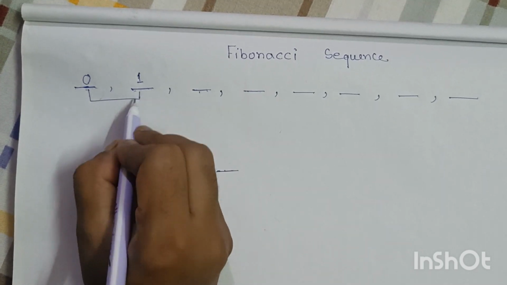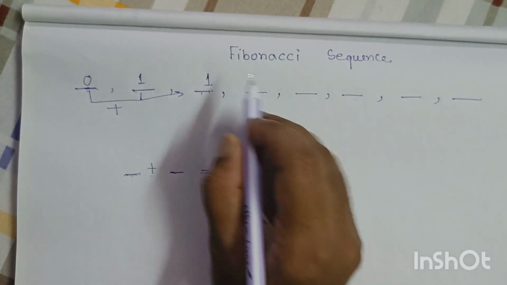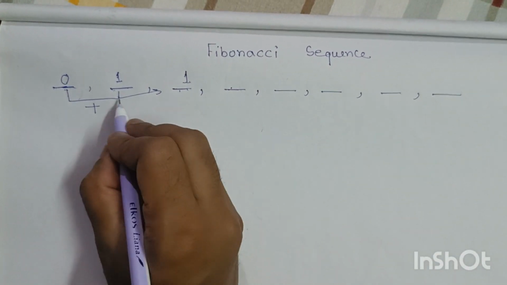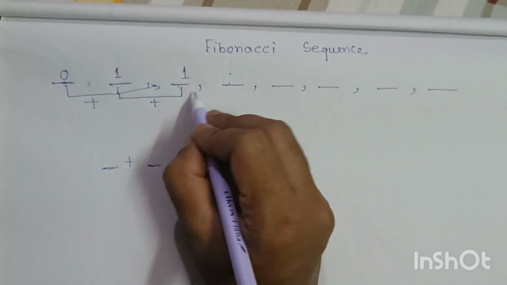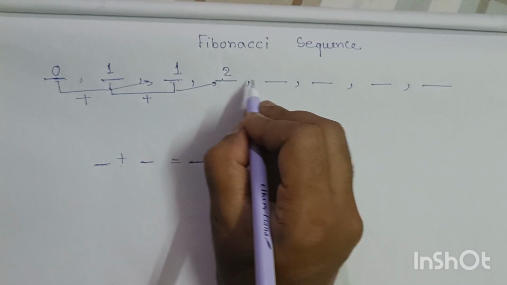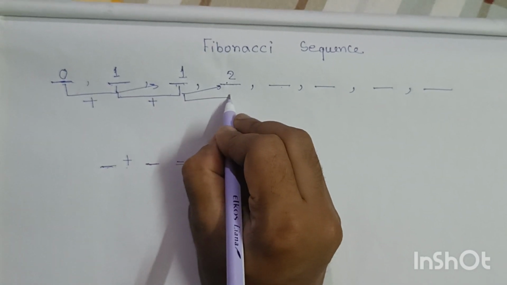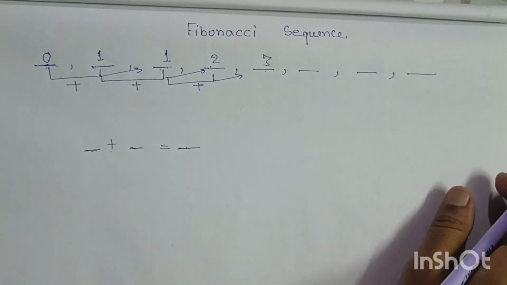So let's add this. 0 plus 1 will get 1. Now for this term, the preceding two terms will be 1 and this one. So 1 plus 1 will get 2. Now for this term, the preceding two terms are 1 and 2. So let's add this. 1 plus 2 will get 3, right?